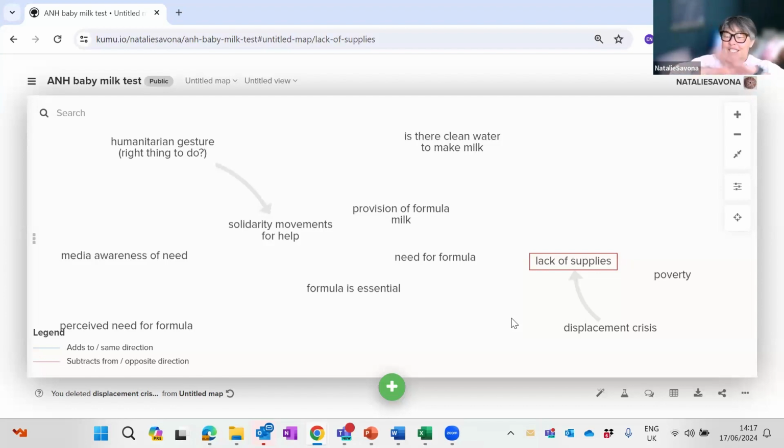So it's very complex. It's not just gosh, there's been a crisis, there's a Beirut blast, people need baby formula, here you go, job done. And I think everyone on this call has that sense that it's not like that.